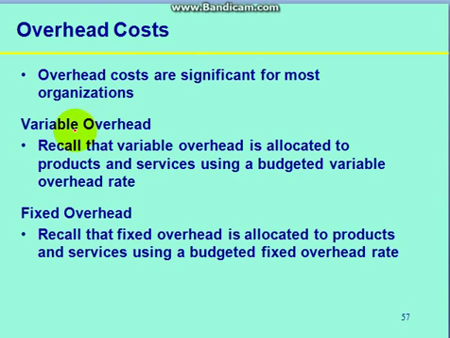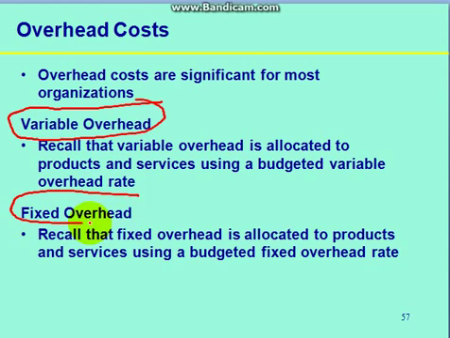So what are the overhead costs? Firstly, there is variable overhead, and secondly there is the fixed overhead. So what is variable overhead? Firstly, we have to recall the variable overhead that is allocated to products and services using the budgeted variable overhead rate.